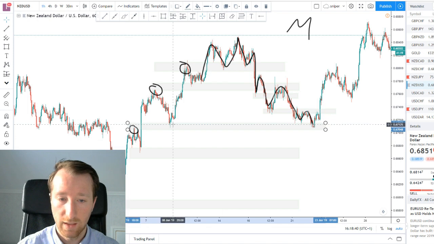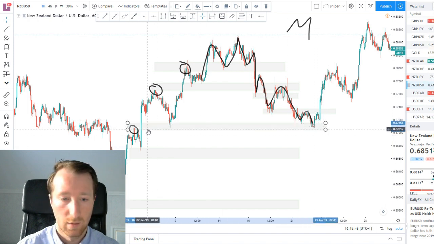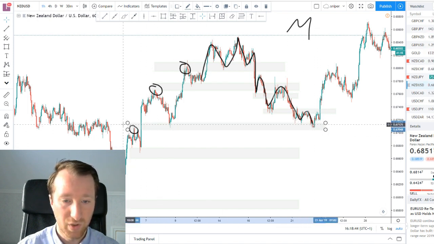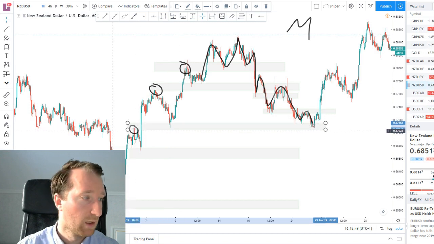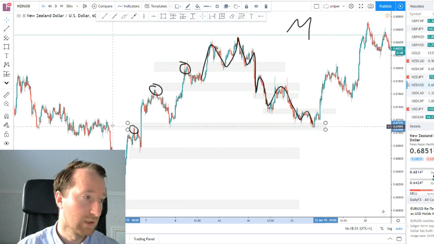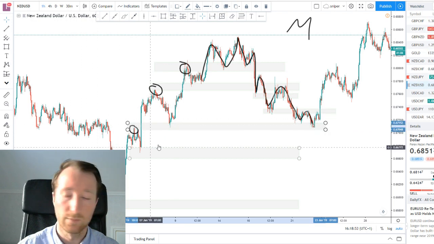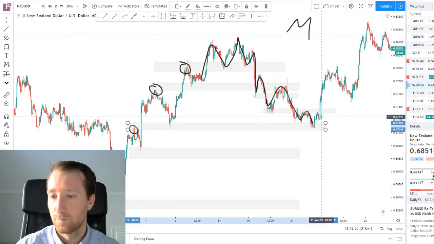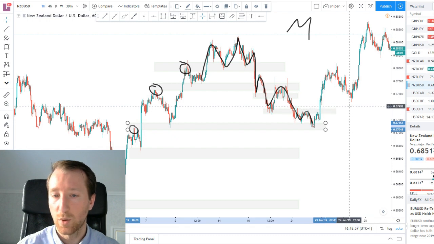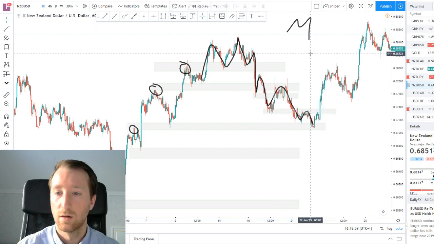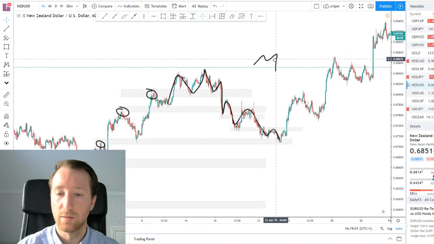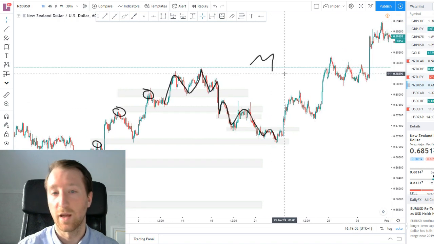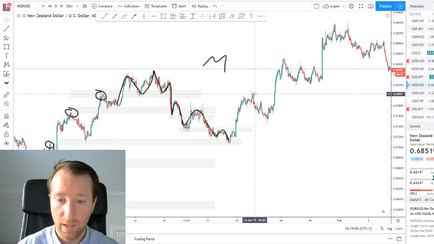As it does here, it has stopped where it has previously stopped here, here, and here as well. So when you look at price action, you can also predict that you can find that area again. It will stop there again.